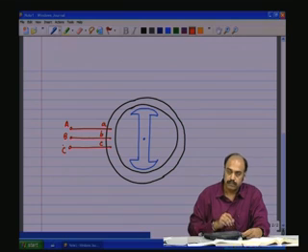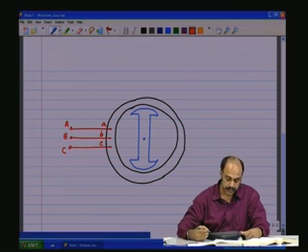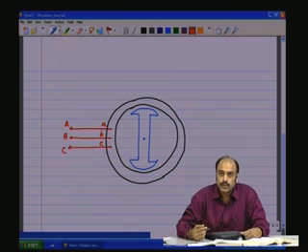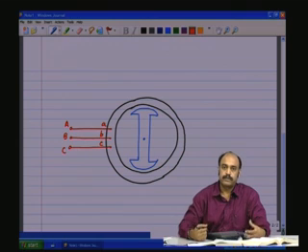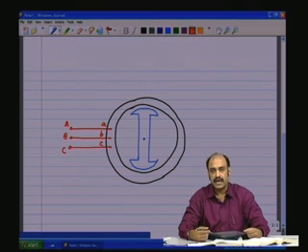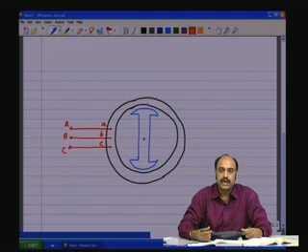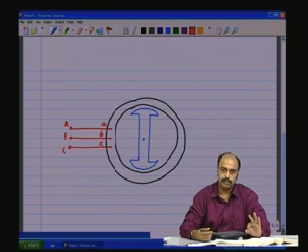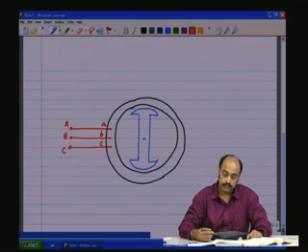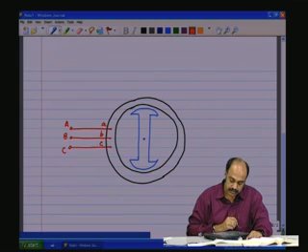So the moment you provide such a three-phase AC source, current flows through the stator coils, which are spaced 120 degrees mechanical apart with respect to each other, and a rotating magnetic field of speed ns equal to 120 F by P is produced.